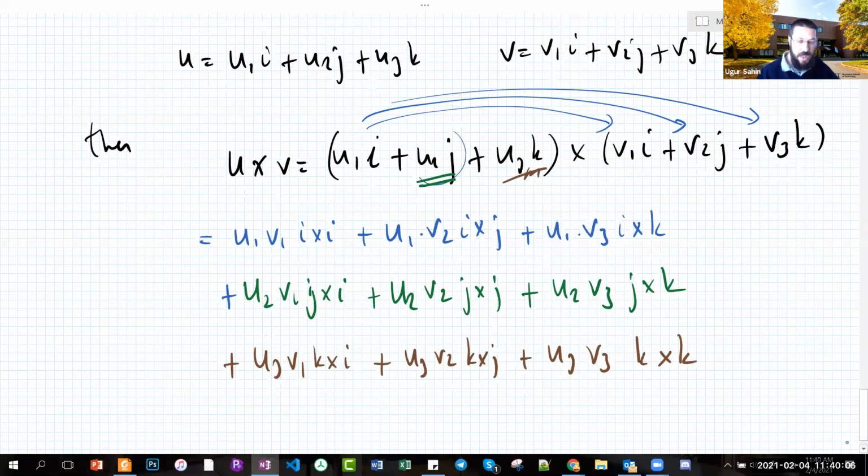All right. I'm done with the multiplication, but now let's arrange all the terms. First of all, i times i is 0, so this term is 0, this term is 0, and this term is 0.